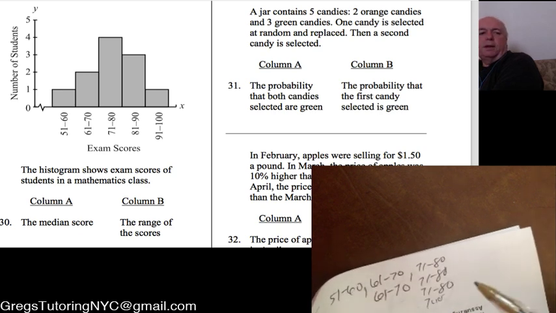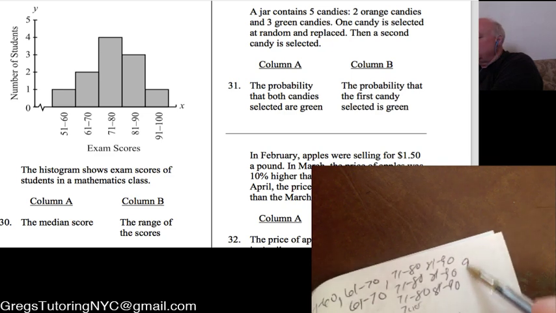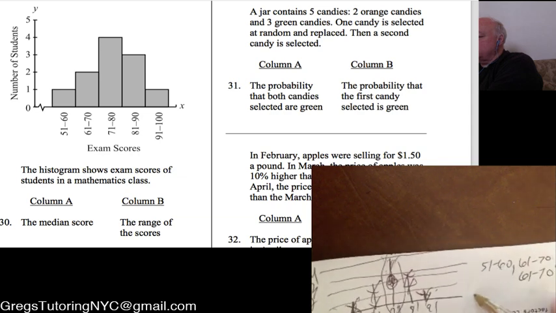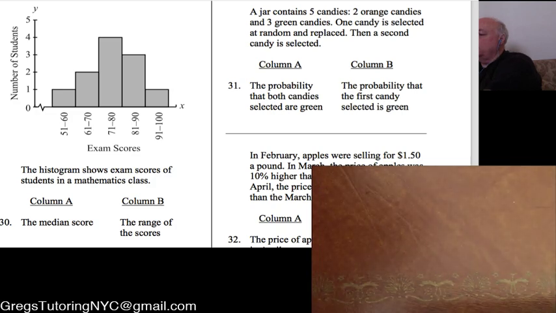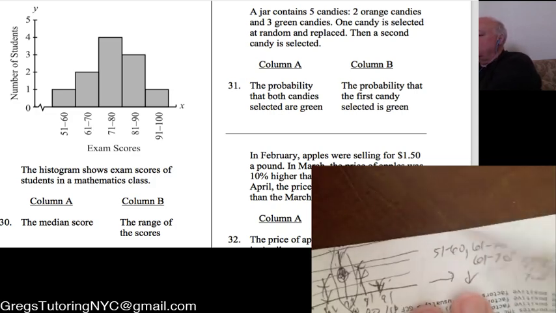I have 3 81 through 90s. Because some people can't do this visually, and I have 1 91 through 100. So this direction, I'm going to go this way and down, and this direction, I'm going to go this way and up, because they're in order.